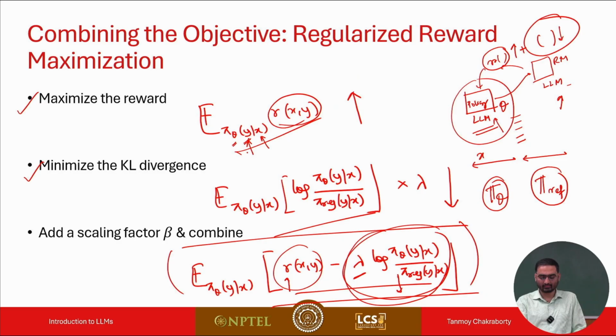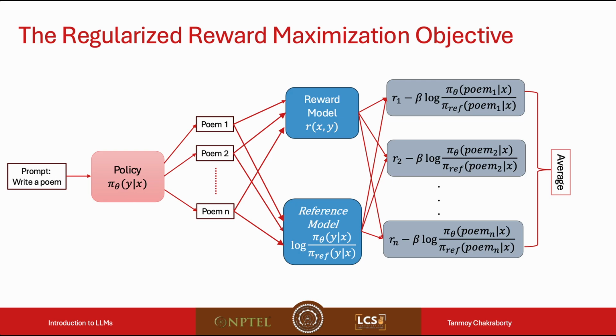Then these two components are combined. You want to maximize reward and minimize the KL divergence, and there is this beta scaling factor, which is responsible for scaling these two components. If you want to give more weightage to KL divergence, you increase the value of beta, and so forth, right? So this we discussed.